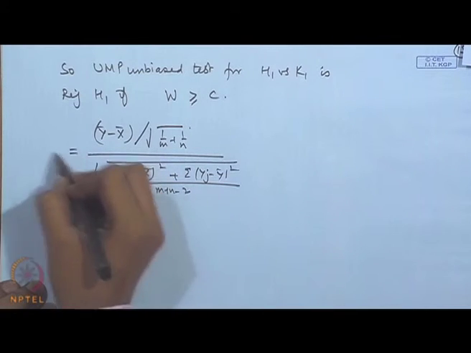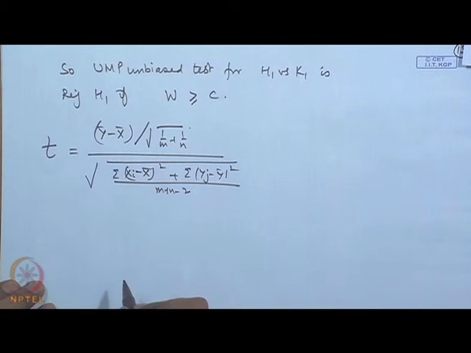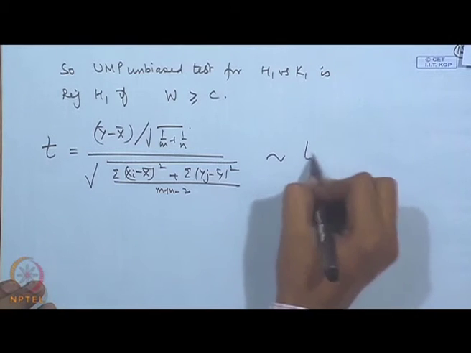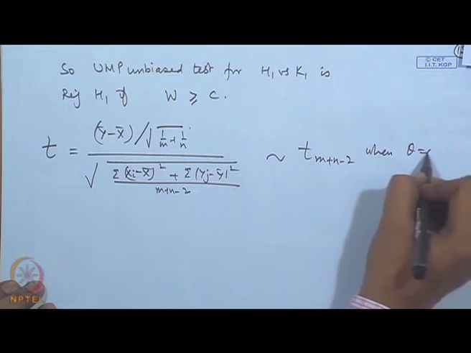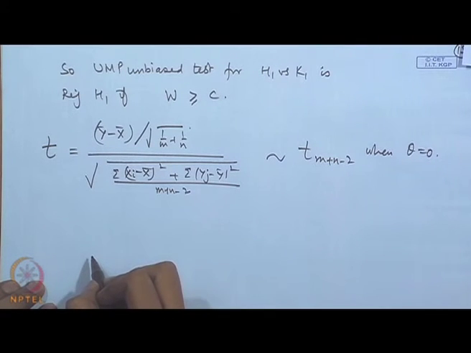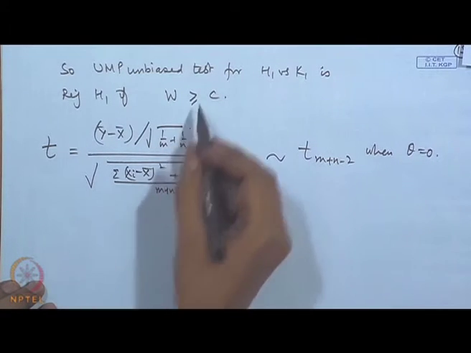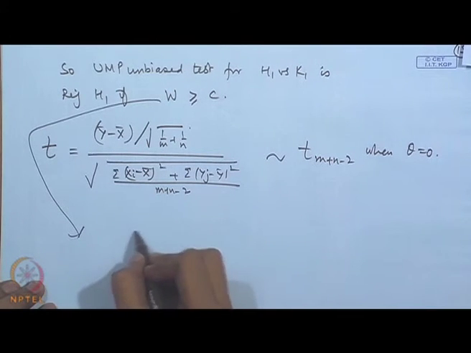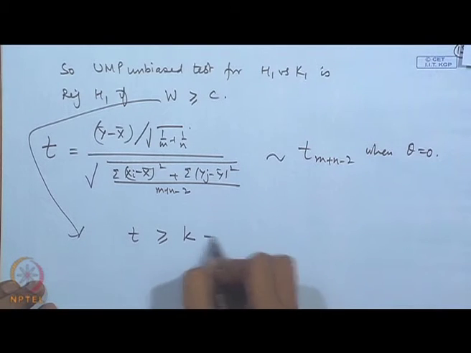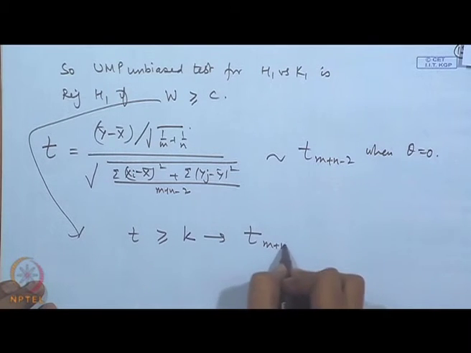Let us define this as, say, t. Then this is t distribution on m plus n minus 2 degrees of freedom when theta is equal to 0. Therefore, I can choose the test as t greater than or equal to k, where k will be t with m plus n minus 2 degrees of freedom at alpha, the upper 100 alpha percent point of the t distribution on m plus n minus 2 degrees of freedom.